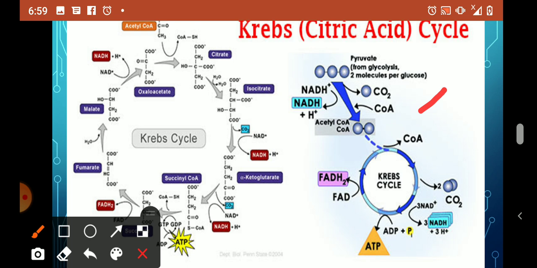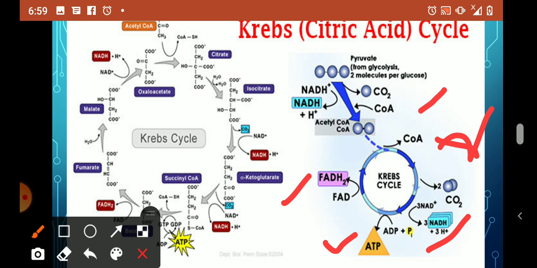So for one glucose, the Krebs cycle has to be performed twice. Whatever energy products are formed here, like NADH, ATP, FADH2, we have to multiply by 2, because there are 2 pyruvate molecules.